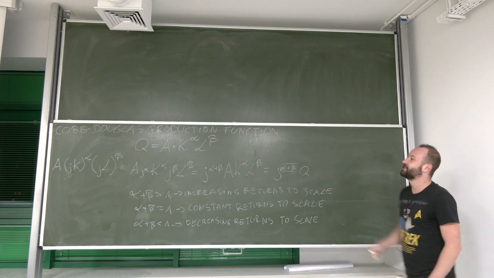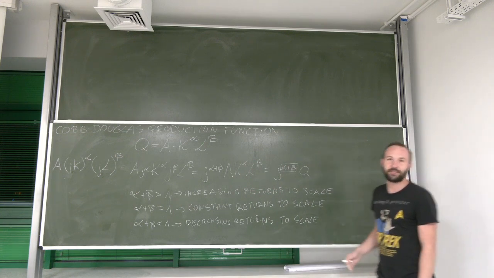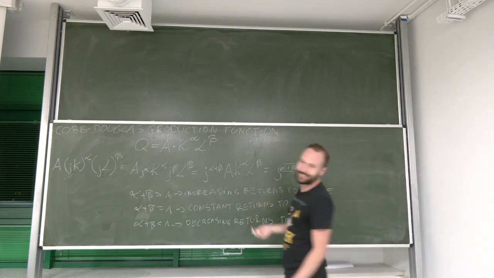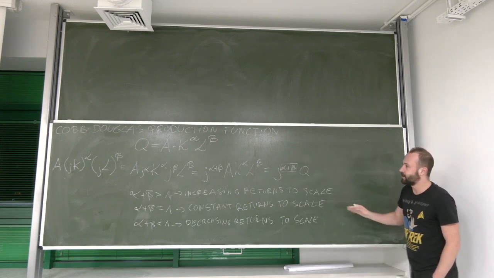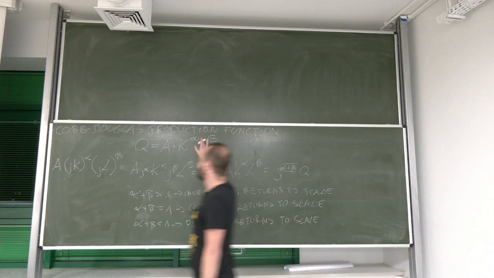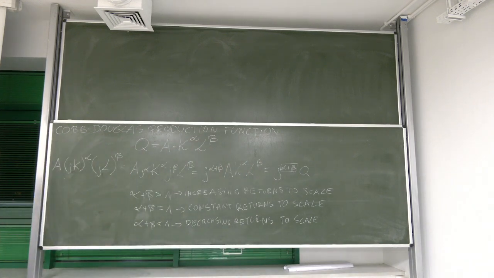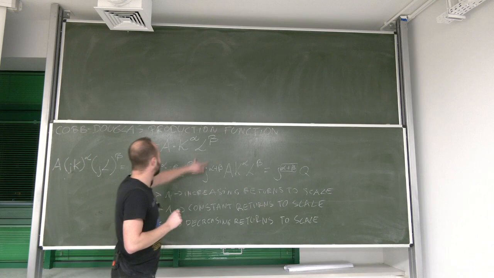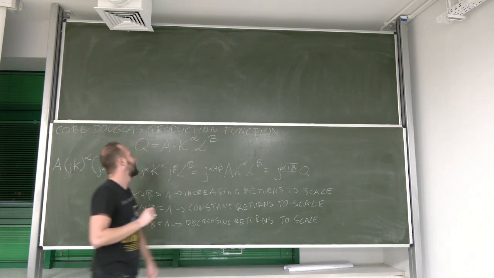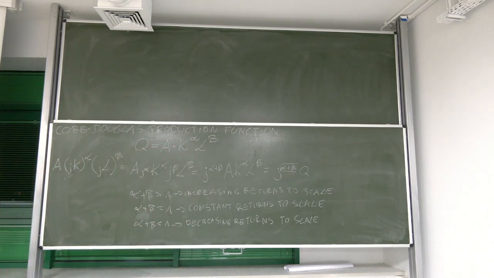And doubling the capital and doubling the labor will less than double the level of production. Okay, so we see that this function is clearly homogeneous, and then we can read very easily degree of this homogeneity as a sum of the two exponents.